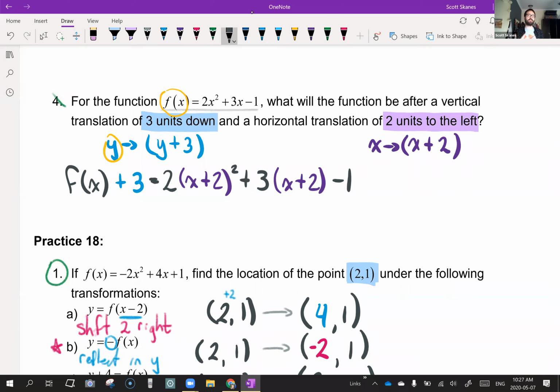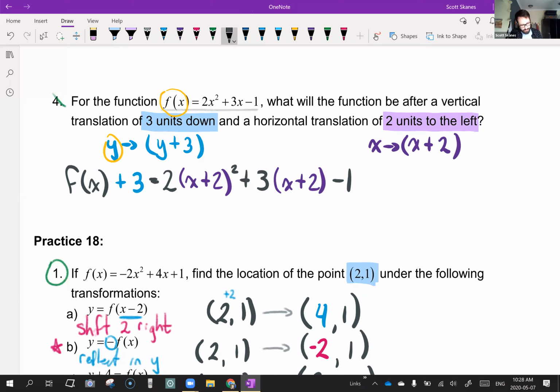All right, and you need to just simplify. But the biggest ideas, the main ideas, you need to know what it means to shift it down. It means you add to the y value, or the f of x value. And if it's shifting to the left, you add to the x. If it shifts to the right, you subtract from the x.